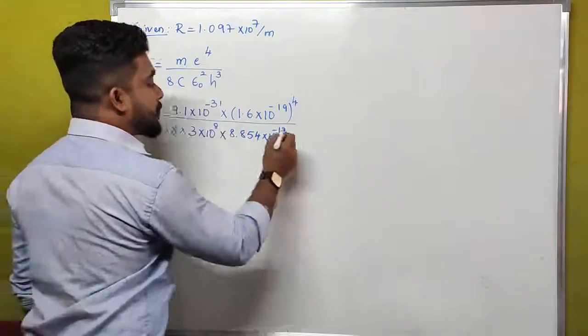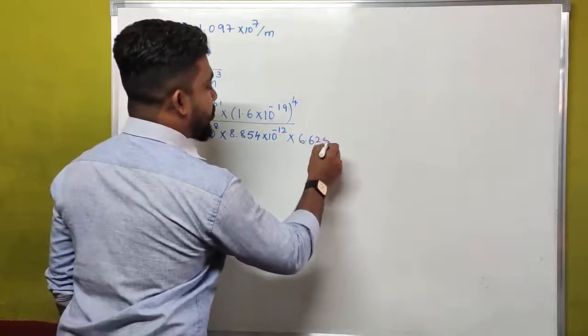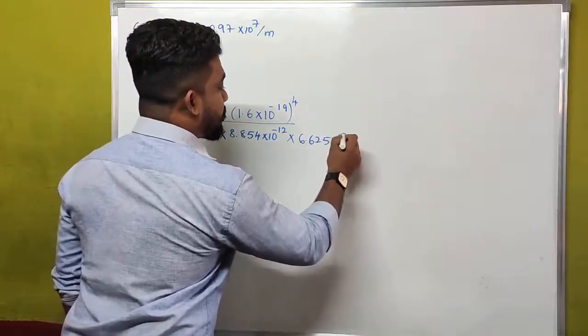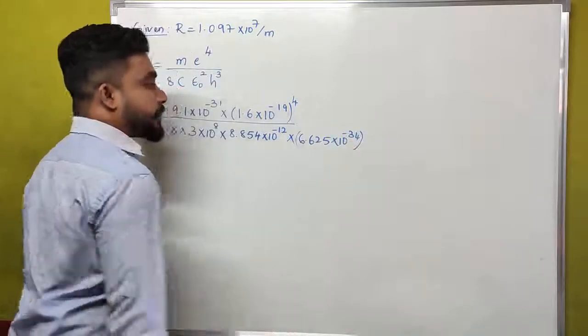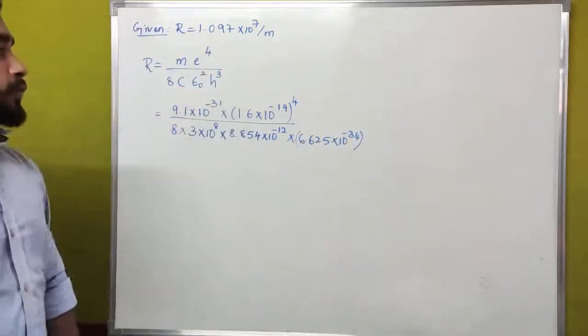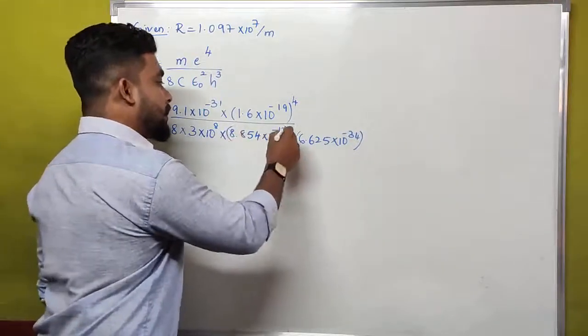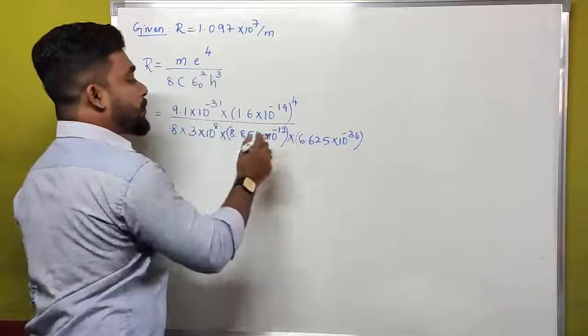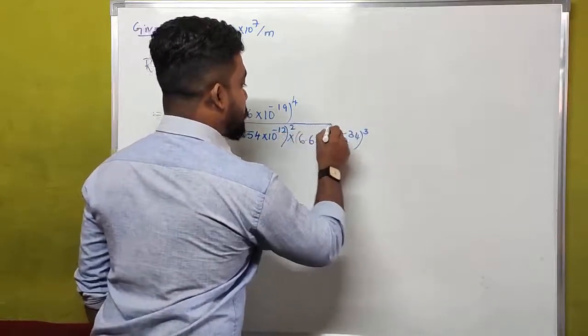And the last term is Planck's constant, 6.625 into 10 to the power of minus 34 joule second. Here we have epsilon to the power 2 and h to the power of 3, we write that as it is.